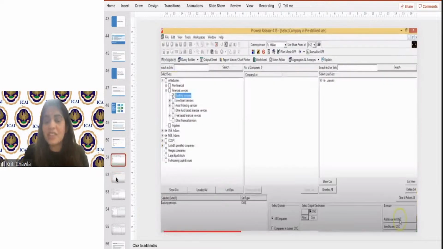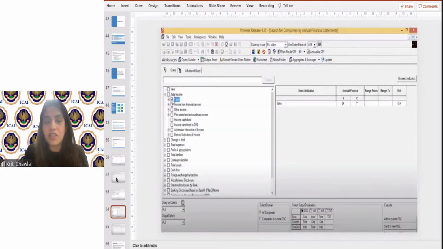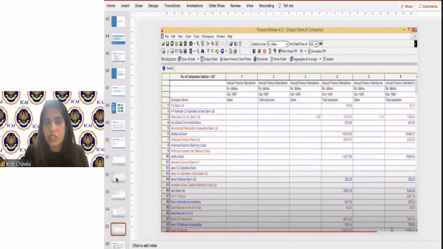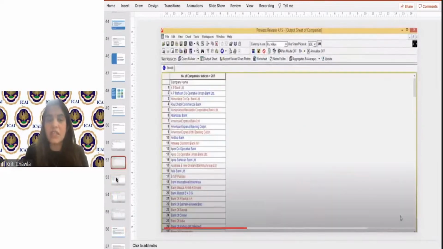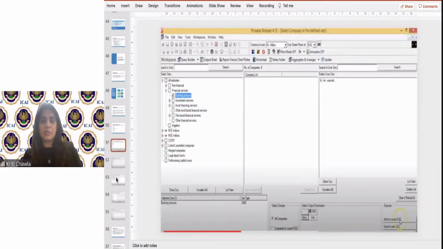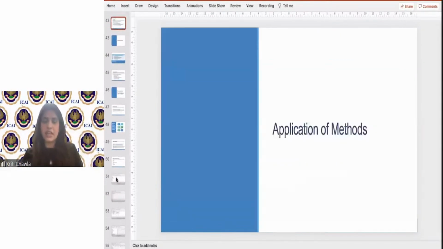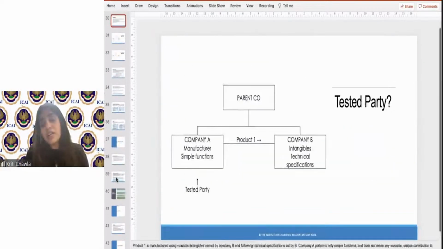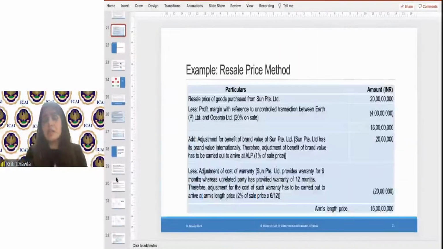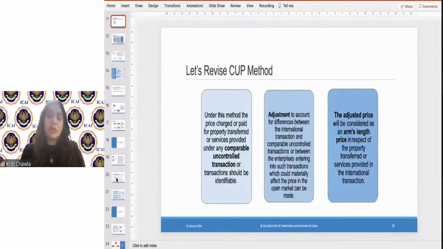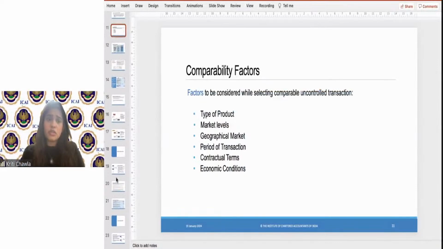I have screenshots of these databases. They're not in the course, but I thought I'll give you a practical insight on how we find comparable companies. So I'm going to come back to these slides towards the end. We'll discuss how you find these comparable companies.